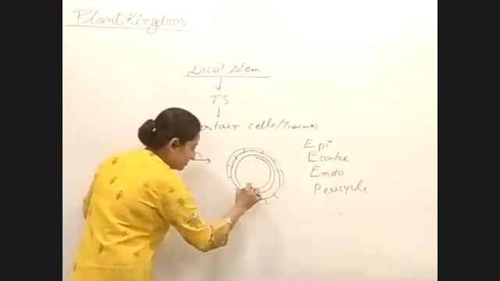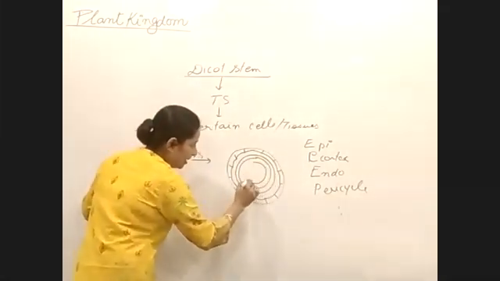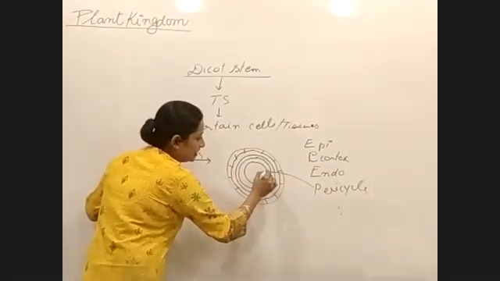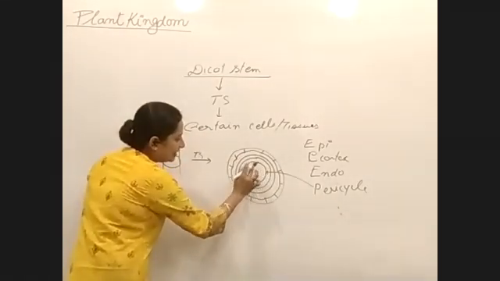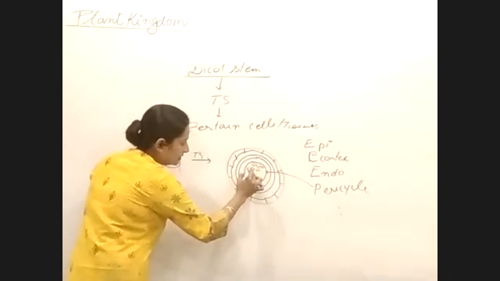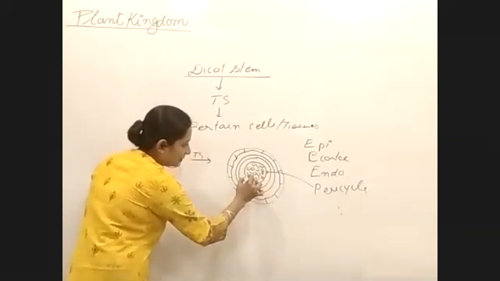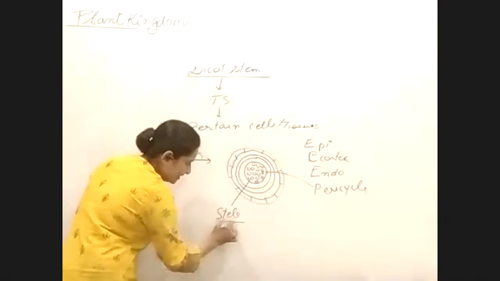Inner to the cortex is the endodermis. Inner to the endodermis is what is called the pericycle. Now all the tissues that are inner to the pericycle are what is called the stele.